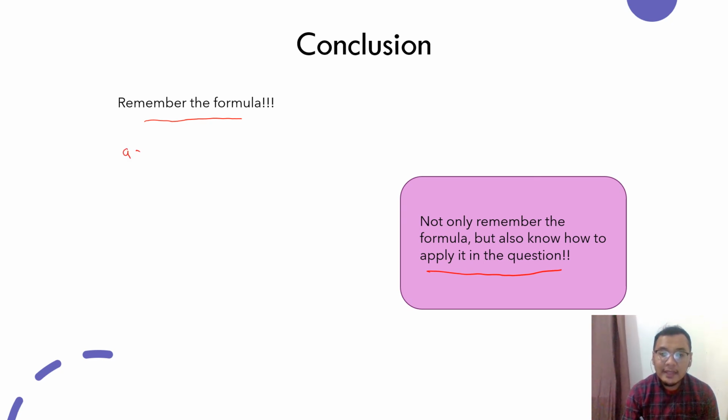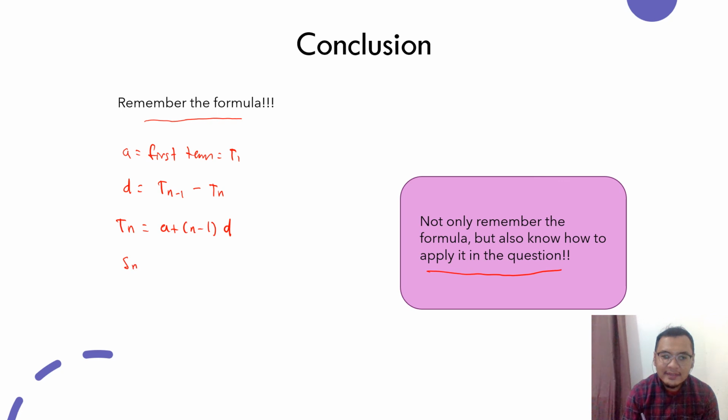A is the first term, T1. D is the common difference. The formula of common difference is Tn minus Tn minus 1. The formula of Tn is A plus n minus 1 D.